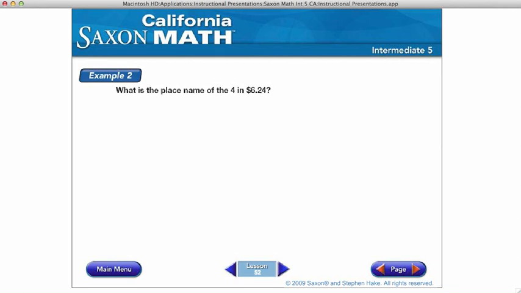What is the place name of the 4 in $6.24? So for place name, I'm looking for ones, tens, hundreds, tenths, hundredths, thousandths. This 4 right here is sitting in the pennies place, but its technical name is the hundredths place.